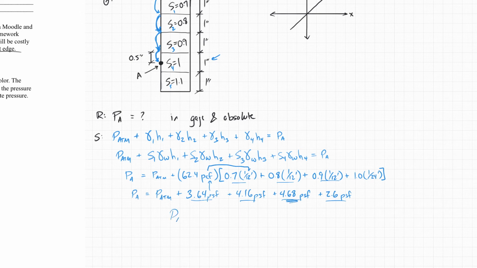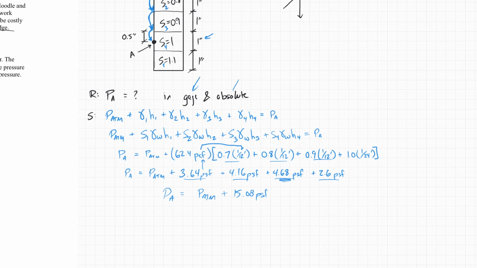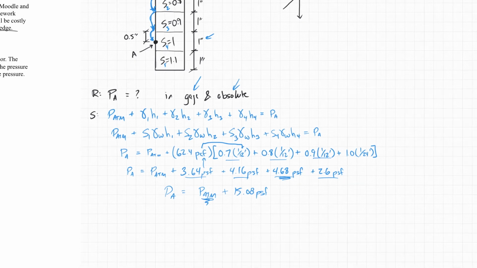So PA then equals PATM plus 15.08 pounds per square foot. If we plug all that into our calculator. Now this is where we think about our gauge versus our absolute. It really only comes down to what is the pressure in the atmosphere.